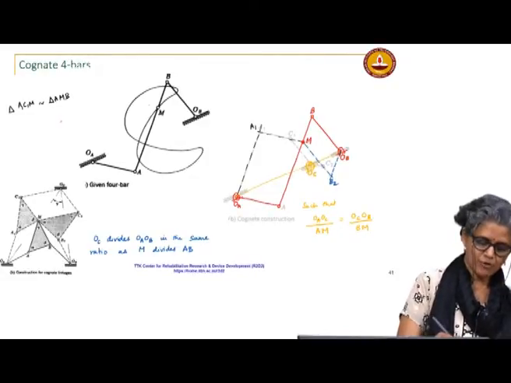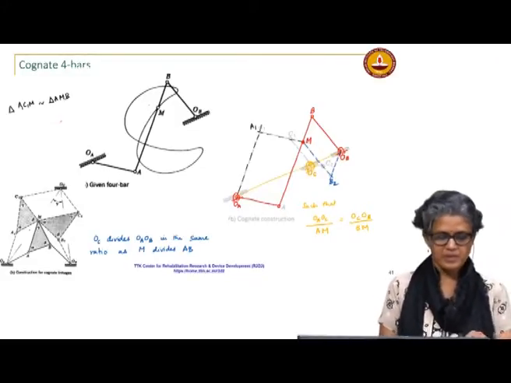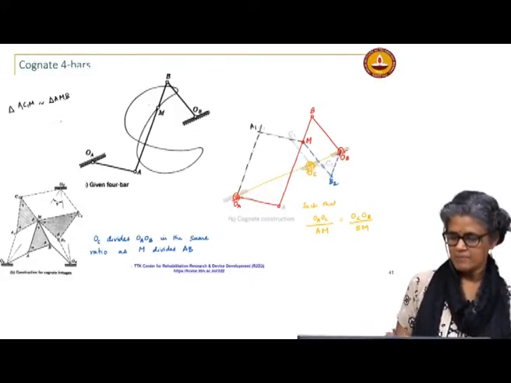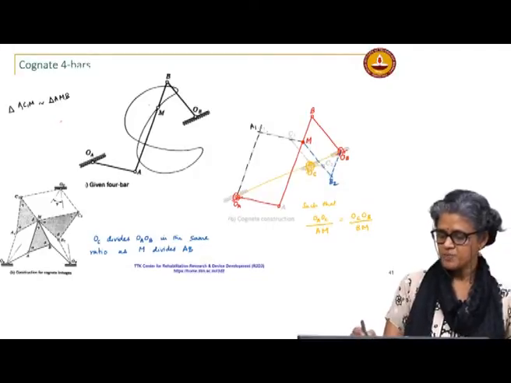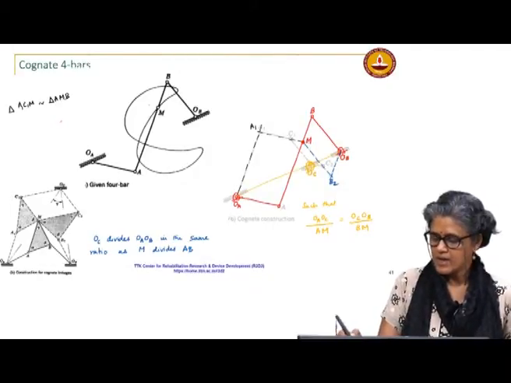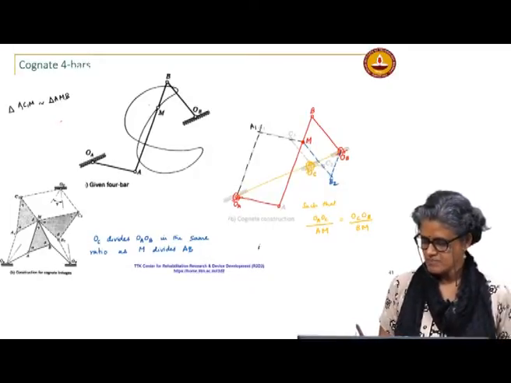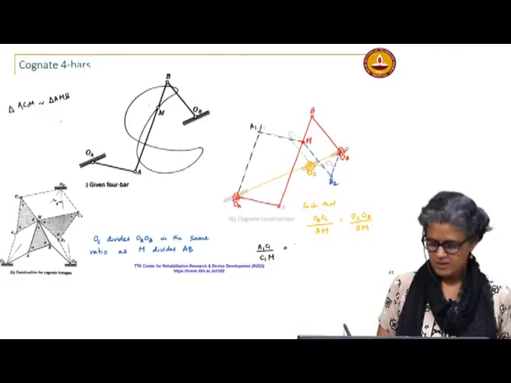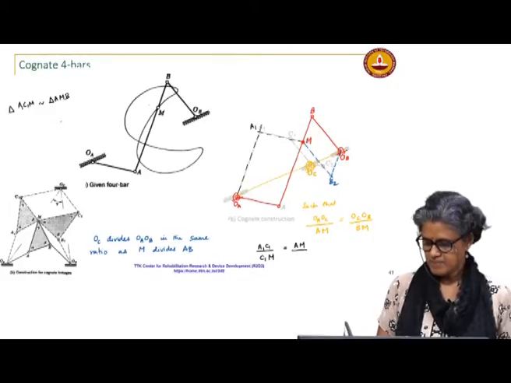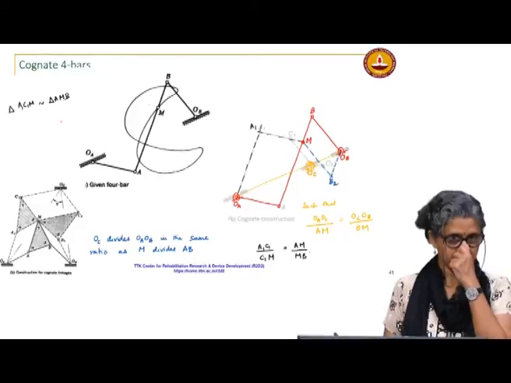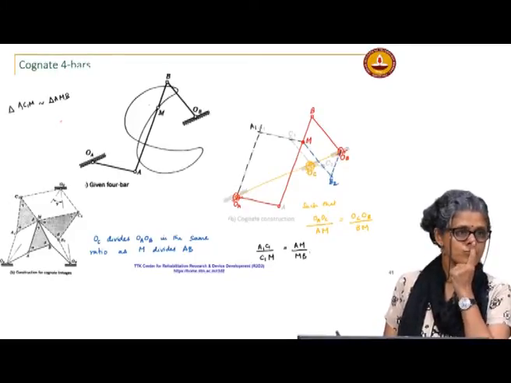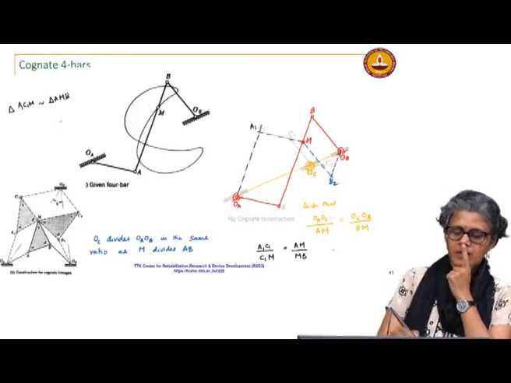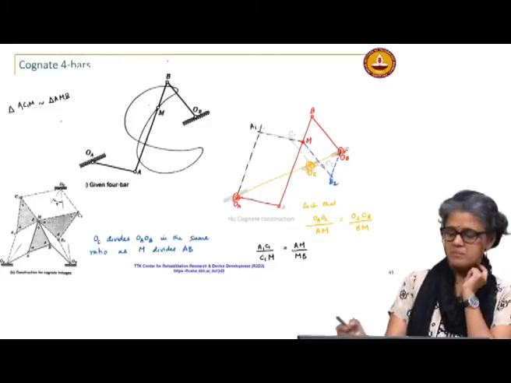Therefore, C1 will lie on AM such that the ratio A1C1 by C1M is again the same as AM by MB. AM by MB, same ratio you will locate C1.